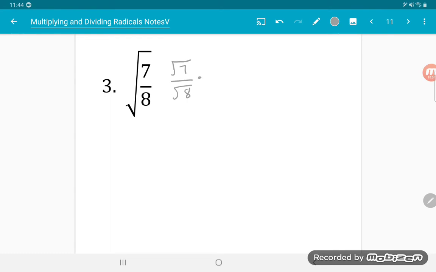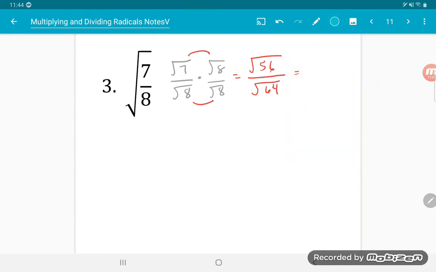There's a radical in the denominator, so I'm going to multiply the top and the bottom by the radical 8. Once I do that, I multiply across the numerators first and then the denominator. 7 times 8 is going to give you 56, so you have the square root of 56 on the top. On the bottom, you have the square root of 64.